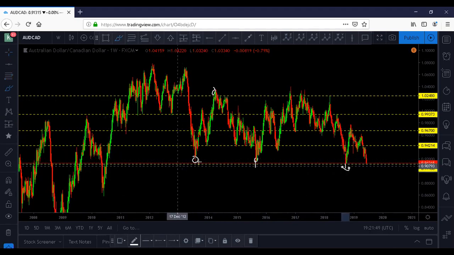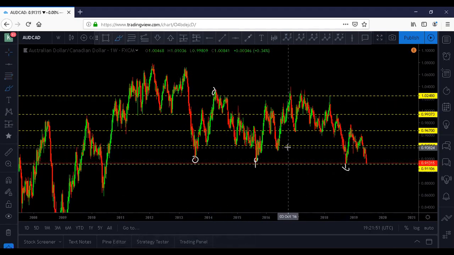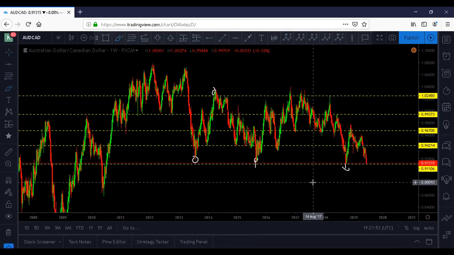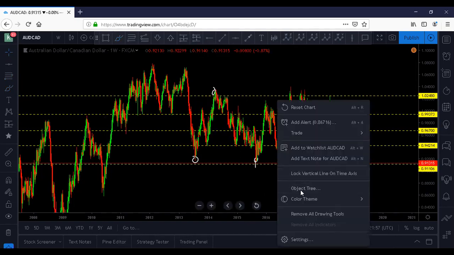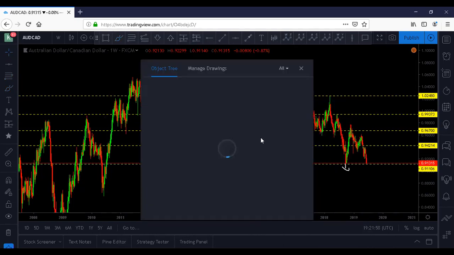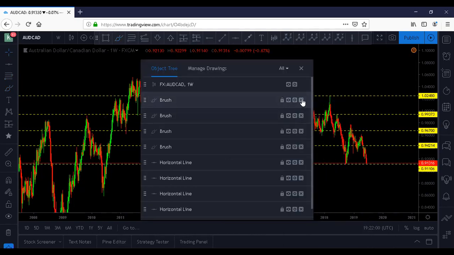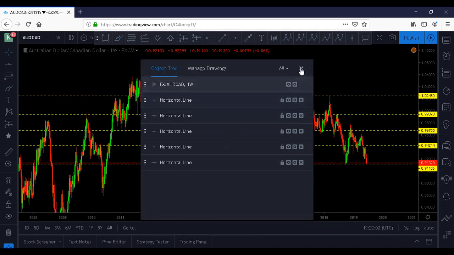Also, this one is lower than this one. It would work, but your lines wouldn't be as accurate. Let me see if that will work.